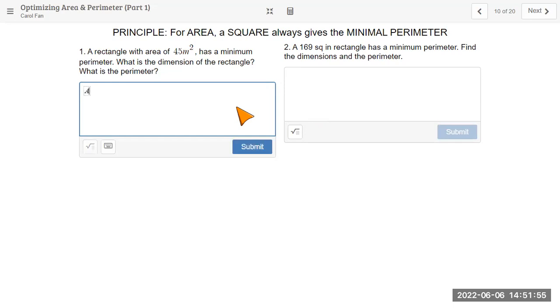So area is equal to 45. Perimeter is 2L plus 2 width. But this is a square, so I can say the perimeter is equal to 4S.